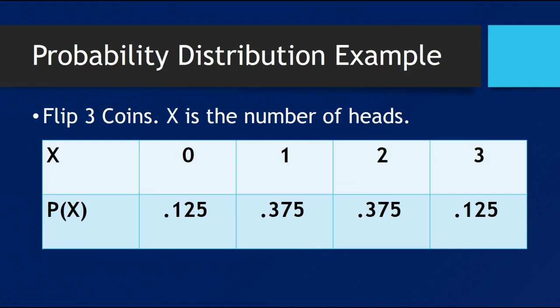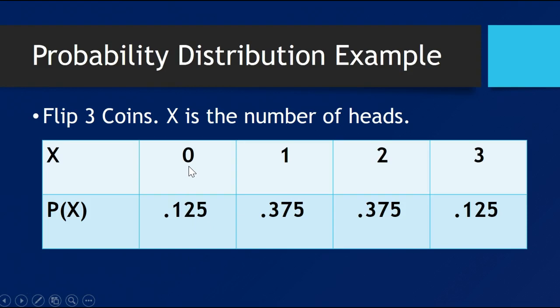This is the other one I was talking about. What happens if we flip 3 coins, or we flip the same coin 3 times? Either way is acceptable. We want to figure out how many heads we get. So we let x be the number of times I get heads when I flip 3 coins. So again, x is my variable. And if you flip a coin 3 times, it is possible that all 3 times it comes out as tails.